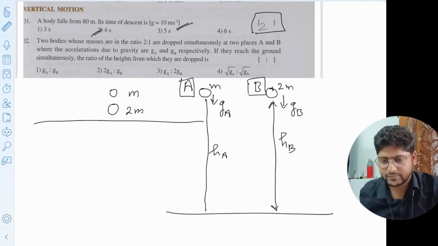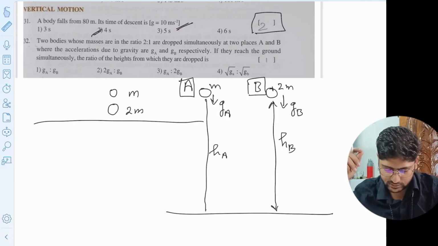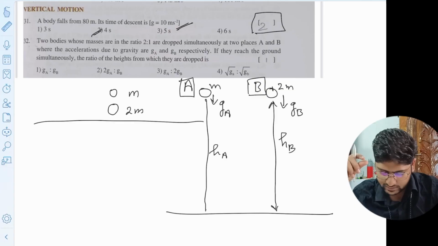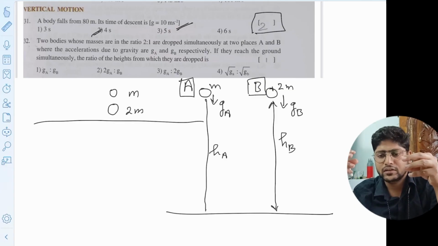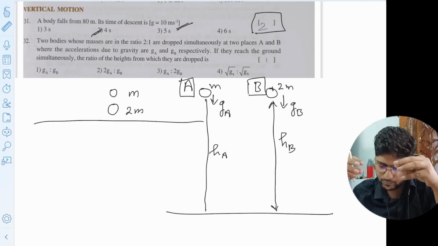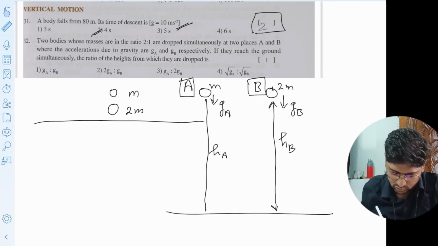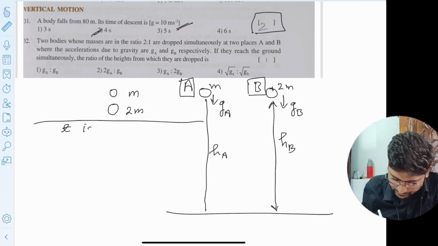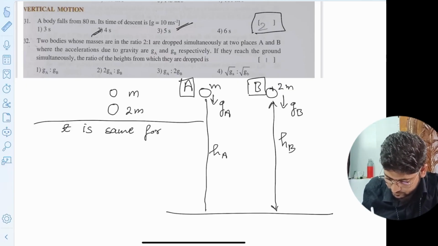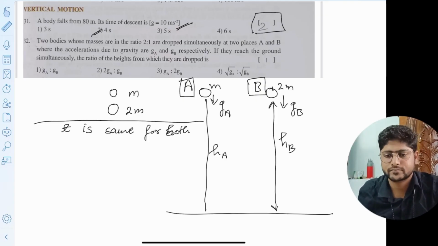Now let us calculate. It is given in the question that they reach the ground simultaneously, meaning they both will come down in the same time. Suppose they both drop and both reach the ground in the same time. So time t is the same for both.